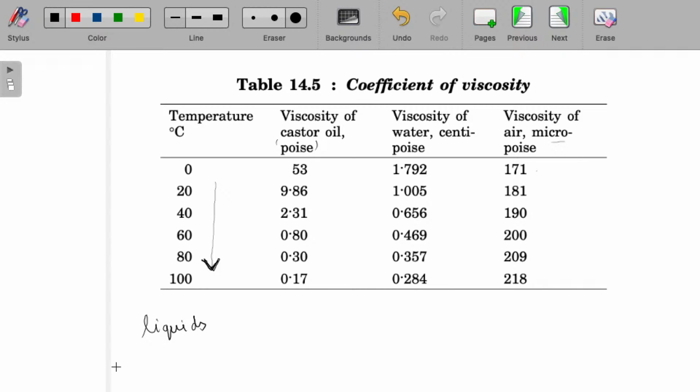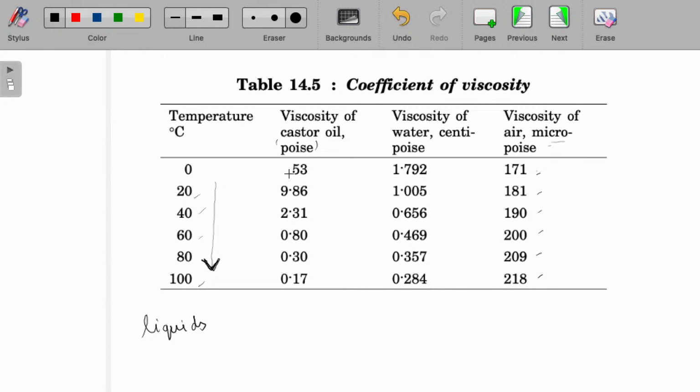And therefore, the force which it exerts on the subsequent layers of the fluids will decrease, right? So typically, therefore, the viscosity is reducing as the temperature increases. You see here, as you go from 0 to 20 degrees to 40 degrees to 60 to 100 degrees, the viscosity is reducing gradually. And at the same time, you see for the gases, like for example air, that the value of viscosity is increasing with increasing temperature.